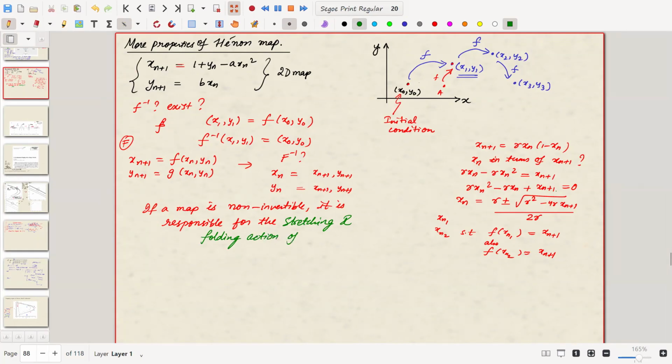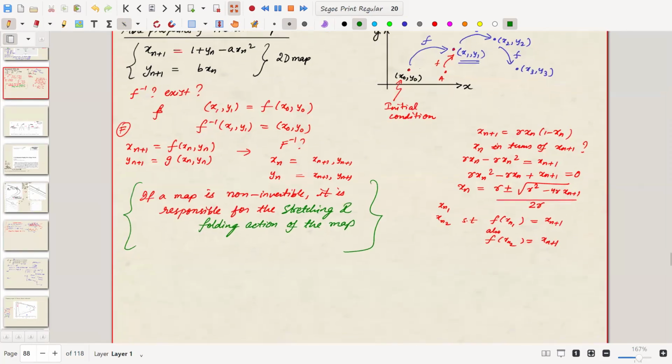That is what you saw in the Baker's map, in the animation I just showed, where the blue and the red parts were mixing with each other. If you look carefully, the Baker's map is also non-invertible, and due to the non-invertibility property, it is mixing very nicely.